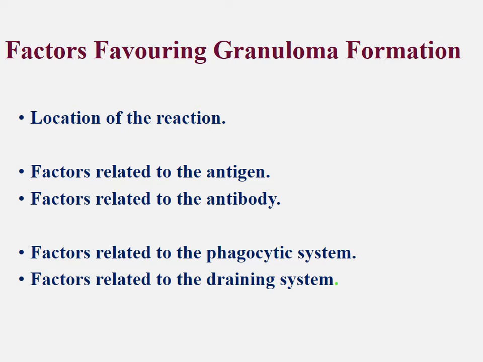When the draining system, the lymphatics, is disrupted, we tend to have granuloma. Examples of this reaction are multiple in many disorders, many dermatoses and internal diseases, not only in vasculitis. This is a common mechanism that works with the lepromas, sarcoidosis, and other granulomas too.